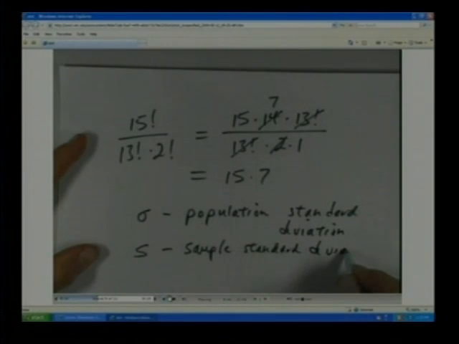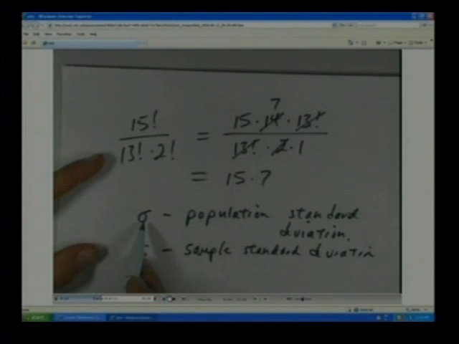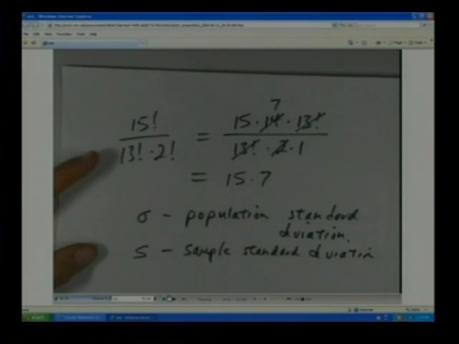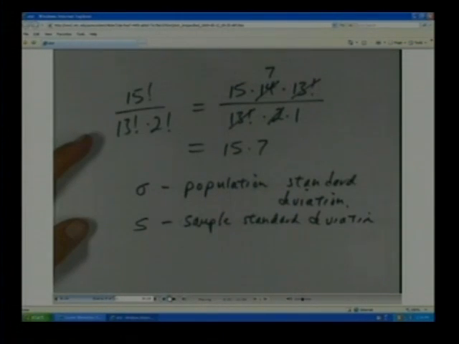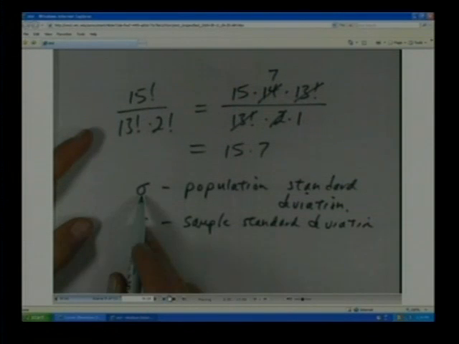So when we use the Greek symbols, it represents the population. When we use Roman symbols, it represents the sample standard deviation. The problem is that when I send you an email, it's going to be hard to get this symbol. So a lot of times I'll just say something like SD.